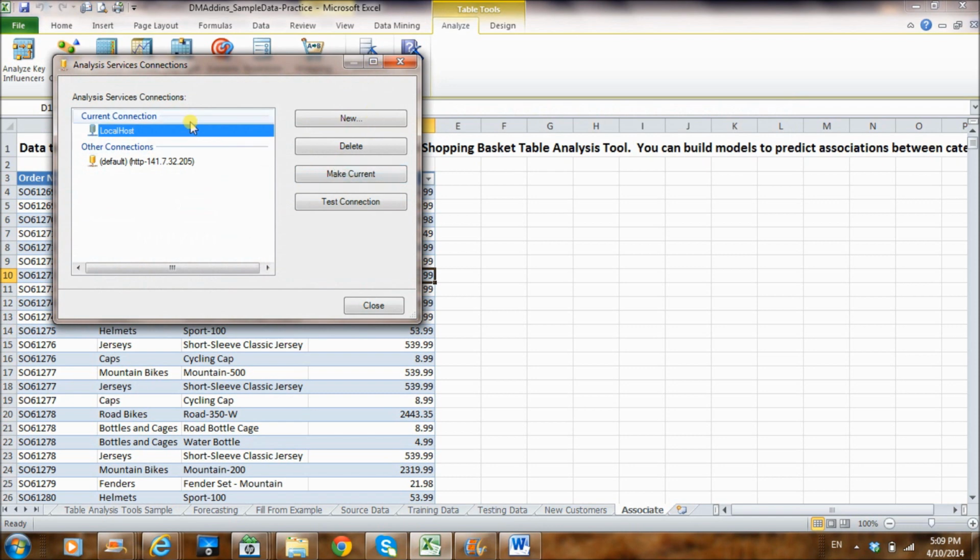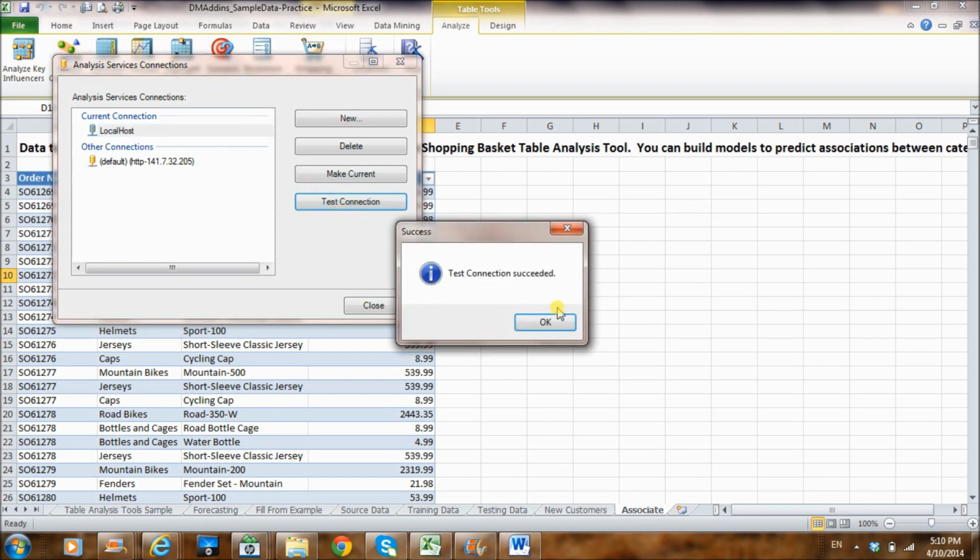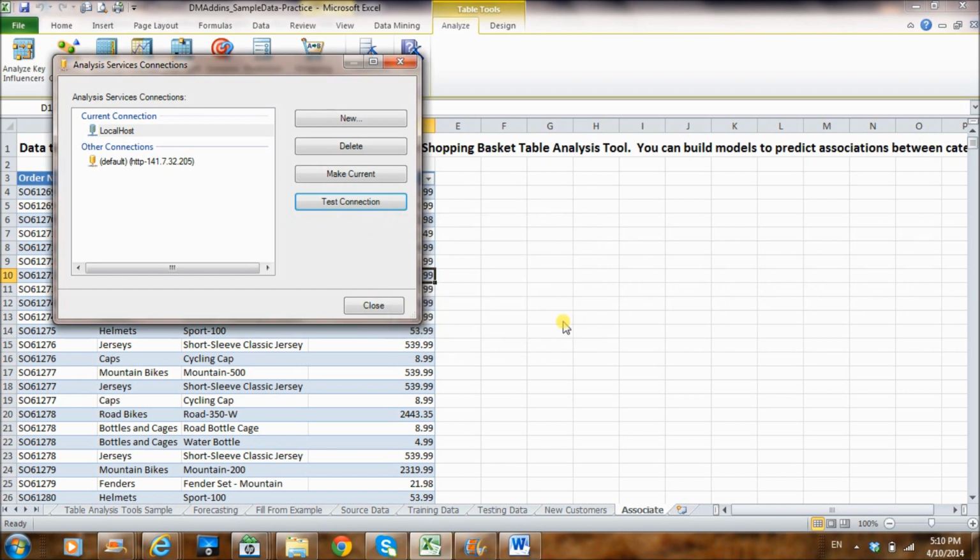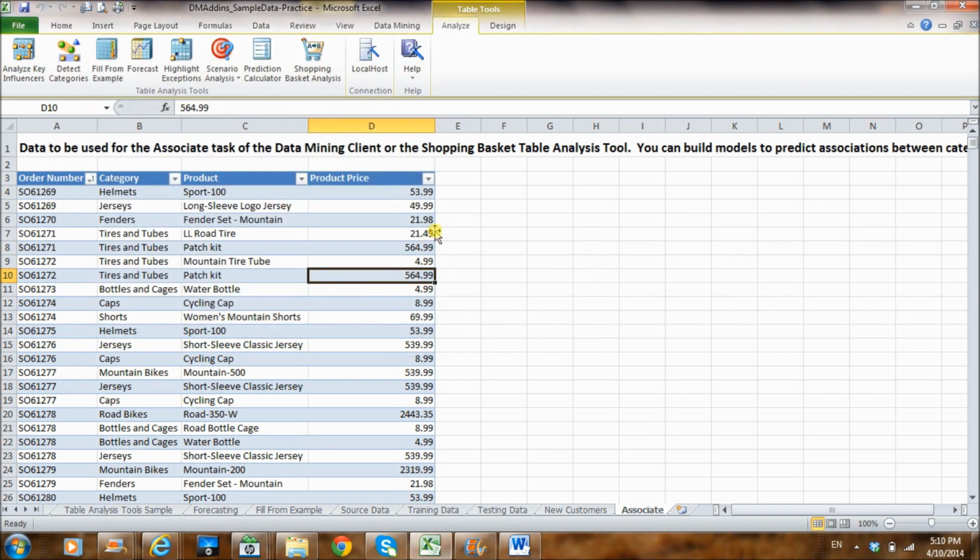In that case, you have to specify that. Or if you have a SQL Server on your local machine, you can just use localhost. Either way, you have to find your server, and then let's test it. Alright, in my case it looks okay. So now it's actually connected.